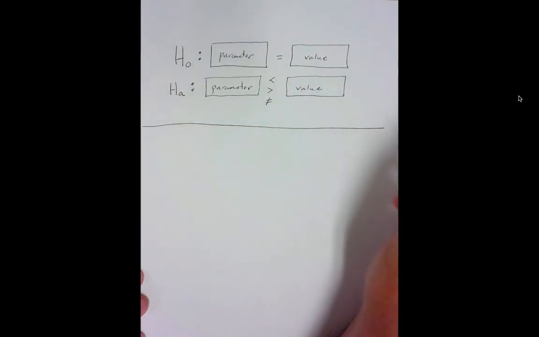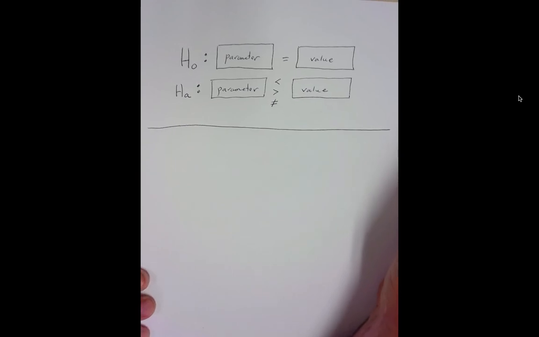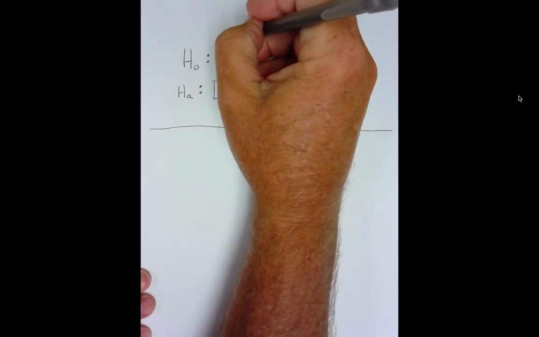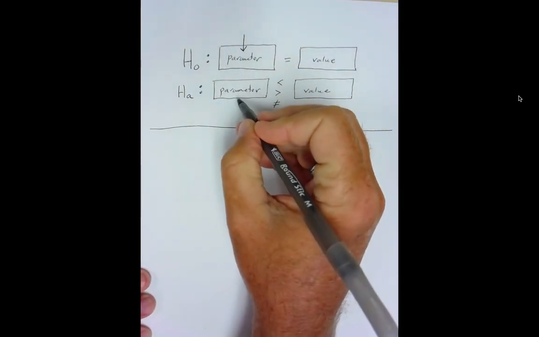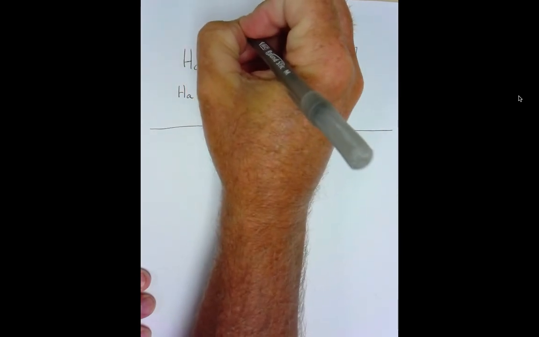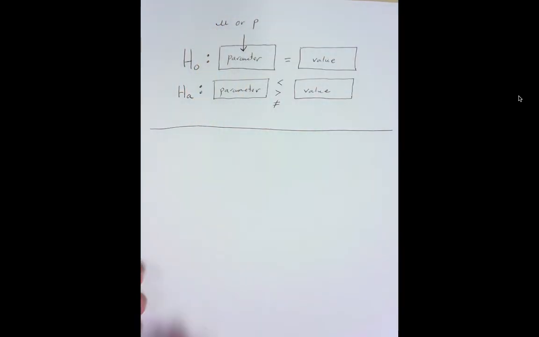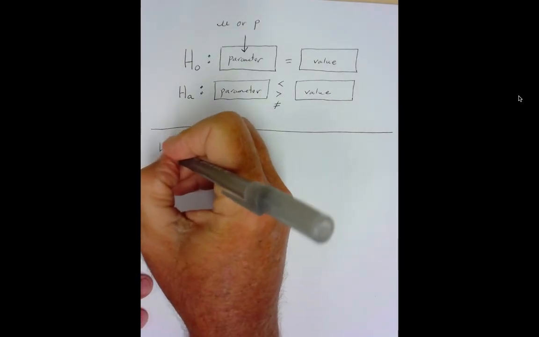Guys, in our case for 1150, we keep it kind of simple. The only parameters that we can put here are mu or p.